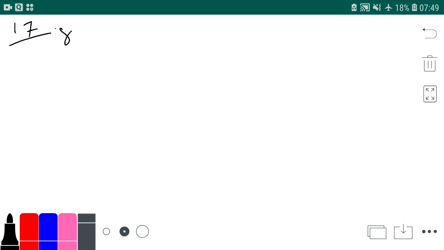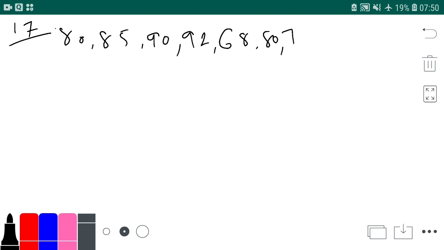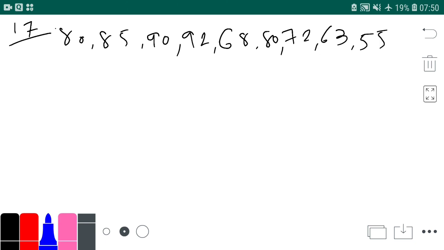Okay, let's write it: 80, 85, 90, 92, 68, 80, 72, 63, and 55. So you have to find the median. As I told you, the very first thing you need to do is arrange it. Now how will you arrange it?